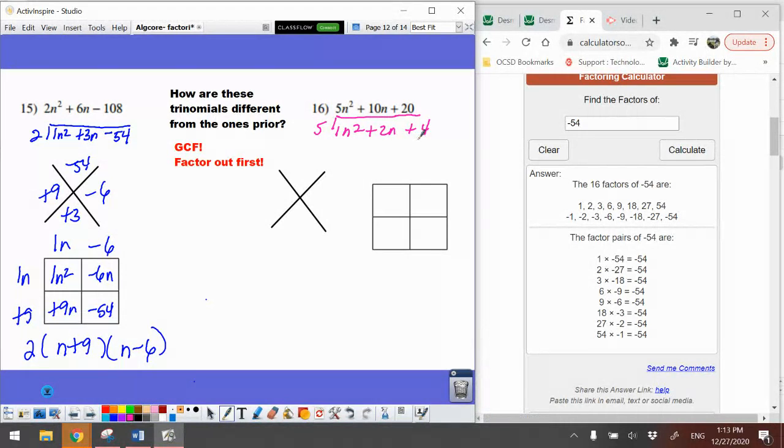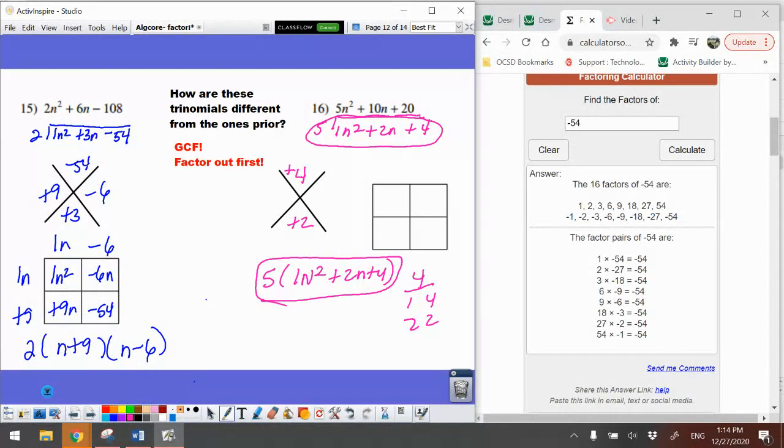Okay, so 1 times 4 is 4, and a positive 2. Well, let's think about that one. So 4, 1 times 4, 2 and 2. Am I going to come up with a 2? Is there any way for me to come up with a 2? No. So I'm done. My answer is right here. It's not prime. It just can only be factored as a GCF. It will not go down any farther than that. So sometimes they just don't work.